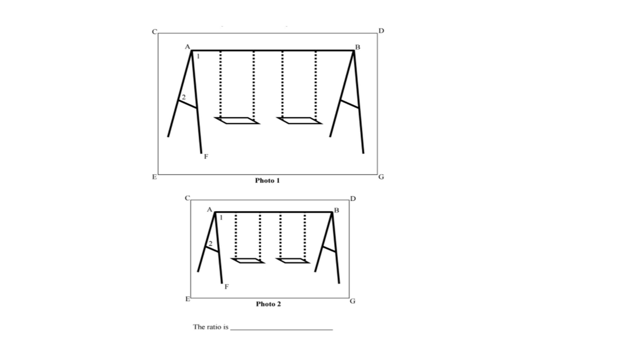Best way we could do that is to take a couple different measurements on this image, compare them to each other, create a ratio, and that should give us what in fact will be our dilation factor.